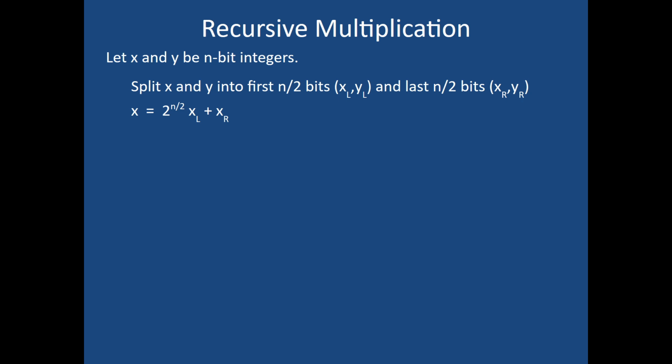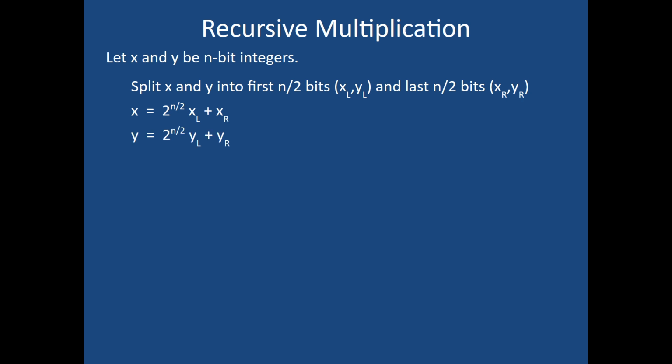We can reconstruct x by taking xl, multiplying by 2 to the n over 2, and adding xr. Or, take xl, bit shift it n over 2 bits, and then plug in xr. That's assuming n is even. We could deal with odd n's, it just complicates the discussion and doesn't add anything, so we'll assume everything works out well.